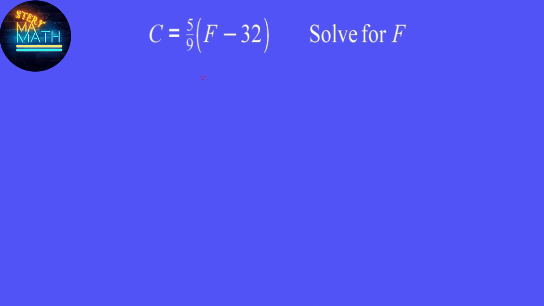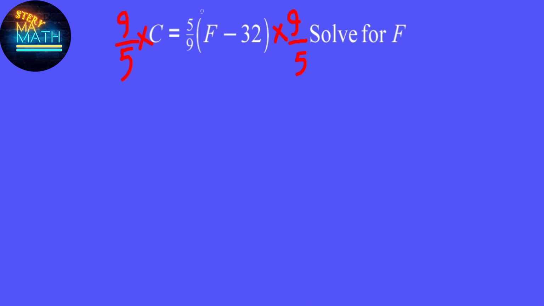So you can divide both sides by 5 over 9, or you can use the reciprocal of 5 over 9, which is 9 over 5. So I will multiply both sides by 9 over 5. Here times 9 over 5, and here also times 9 over 5.